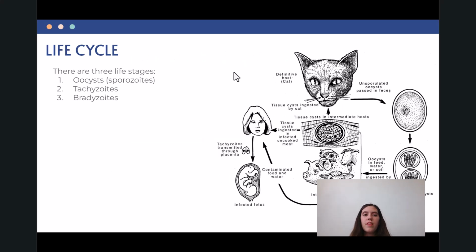So the life cycle for Toxoplasma gondii has three life stages: sporozoite, bradyzoite, and tachyzoite. So sporozoites are combined of tachyzoites and bradyzoites, while tachyzoites are a form of rapidly reproducing Toxoplasma gondii, and the bradyzoites are the form that slowly reproduces and is contained within a tissue cyst.